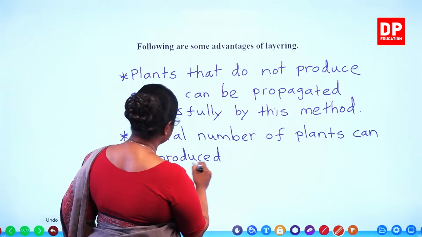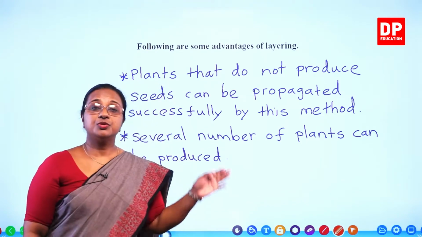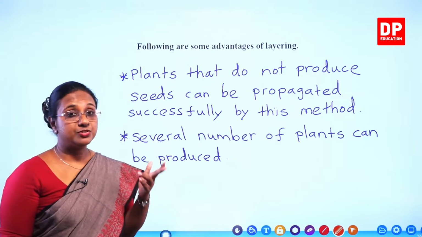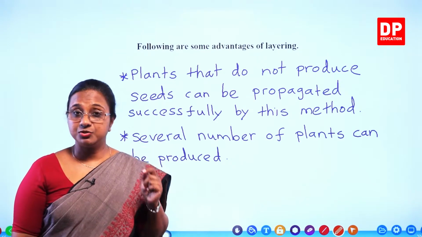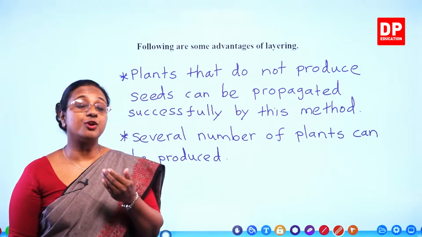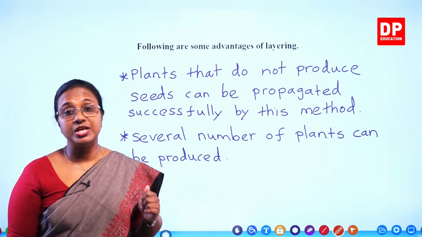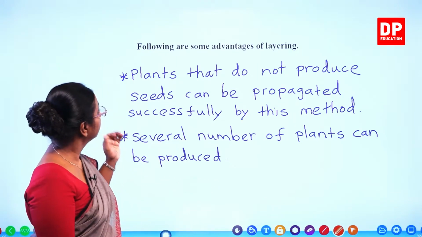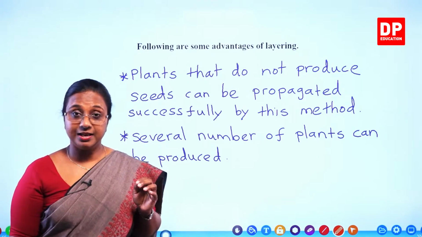Those are the advantages of layering. We saw what layering is, and there were two types of layering, ground layering and aerial layering, based on what type of twig we choose, and these advantages are common for both types of layering.